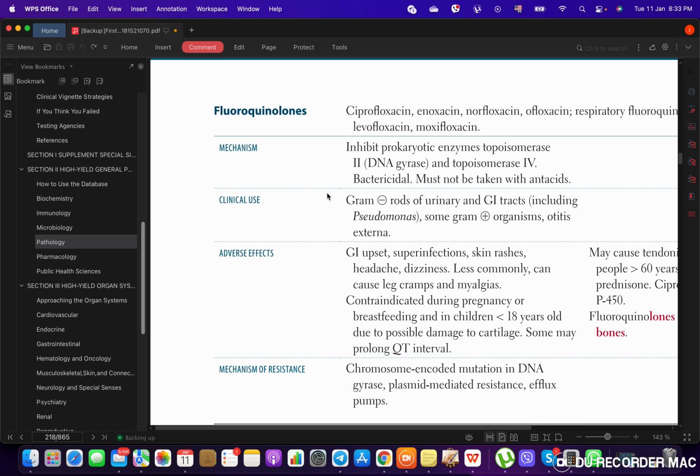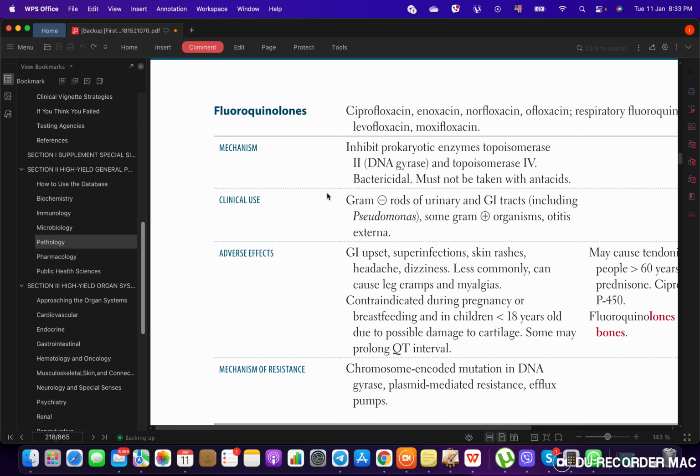Does anybody remember what was the function of topoisomerase? Absolutely, it helps to remove the supercoils.